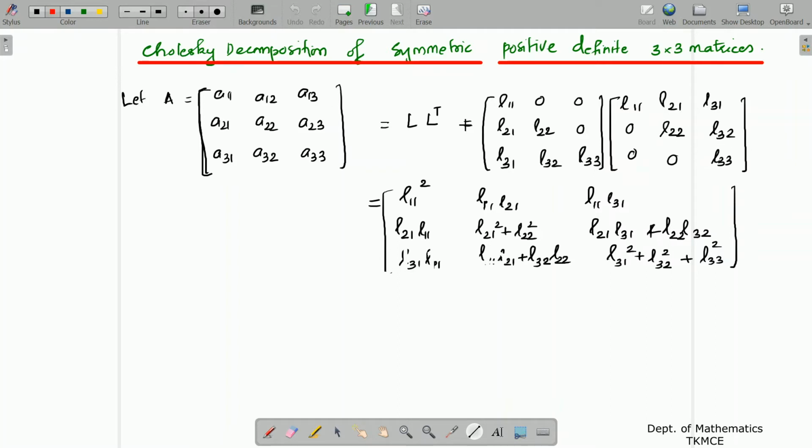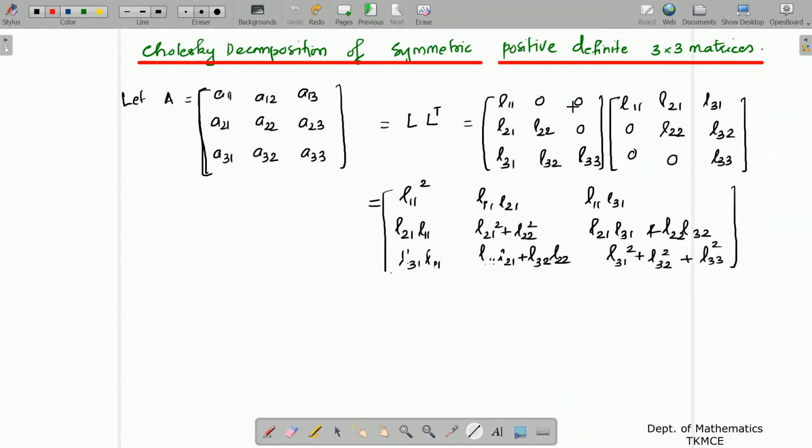Now we multiply L with L transpose, and this is the product. First row multiplied with the first column, we have L11 square. First row multiplied with the second column, we have L11 L21 plus 0 plus 0.